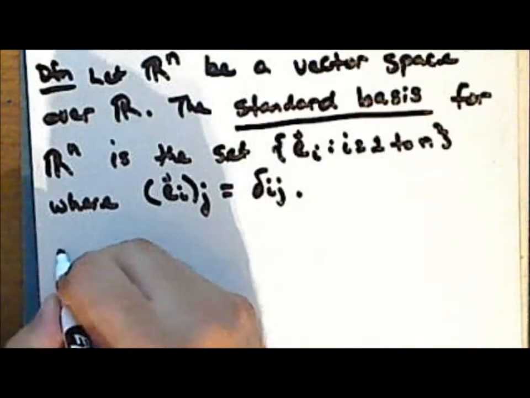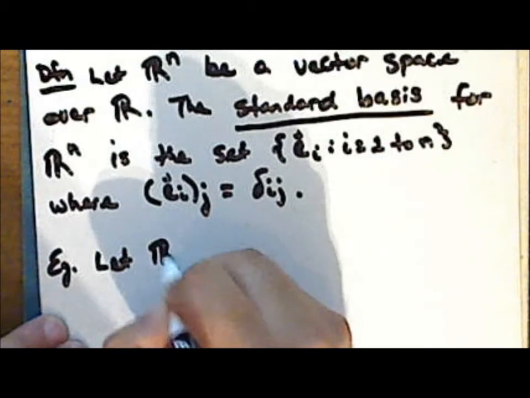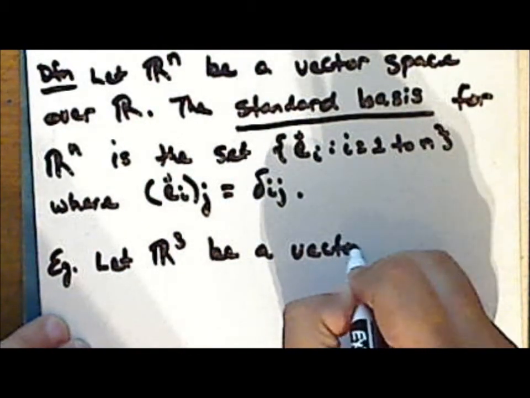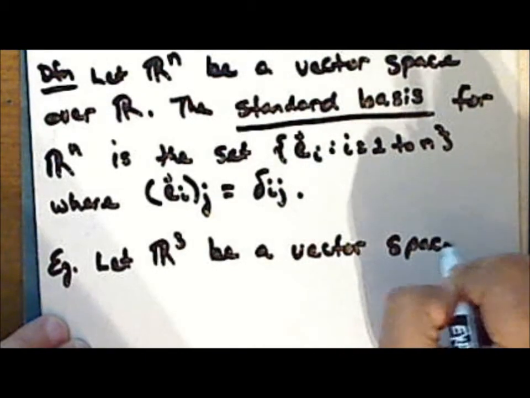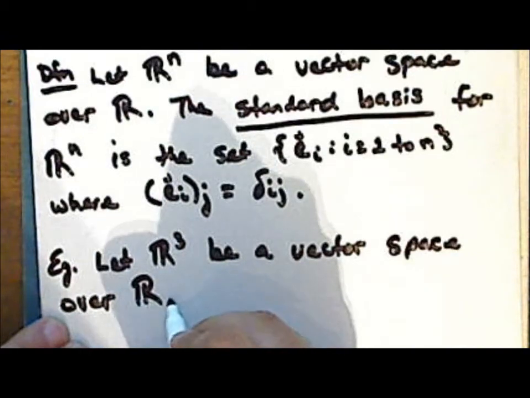So let's look at an example. Let R cubed be a vector space over the set R of scalars.